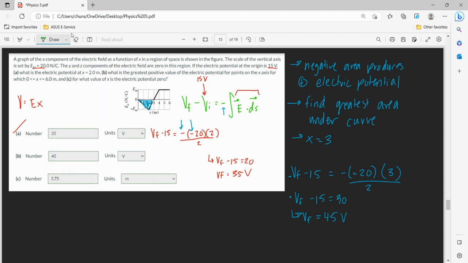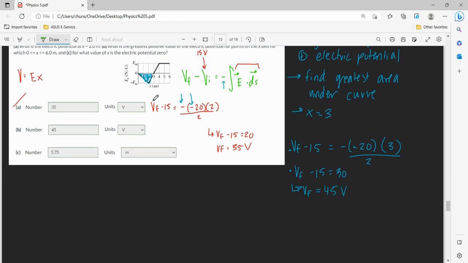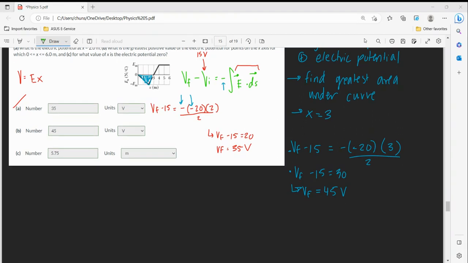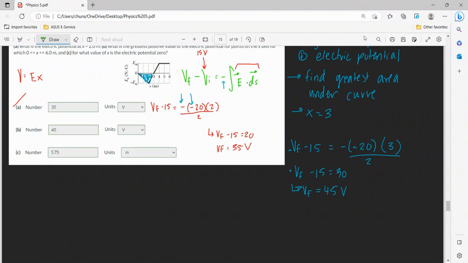Okay, and finally, for part C, we want to find where the value of x, so at what distance is electric potential 0? So now we want to find a point above the graph between, where we can find our electric potential to be 0.